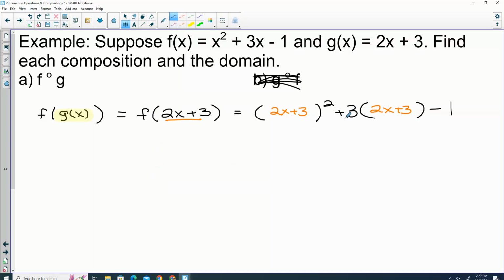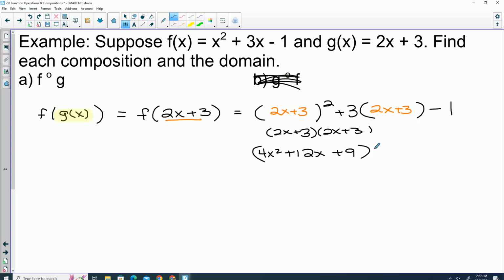Now, should I leave my final answer like that? No. 2x plus 3 squared. What does that mean? FOIL. We have two of these. By FOIL, we get 4x squared plus 6x, and plus 6x would be a positive 12x plus 9.